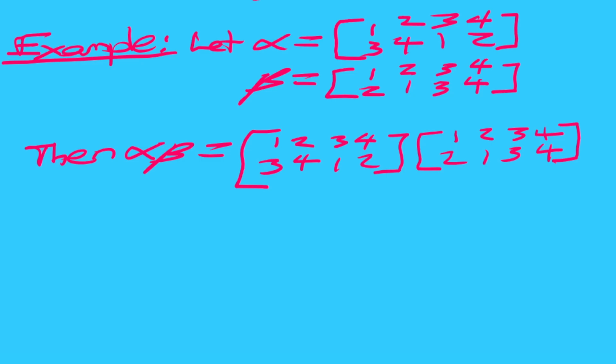So notice that we start out beta with 1, and then that goes to 2. So now we will go over to alpha and start at 2, and then that goes to 4. So for 1, we have that maps to 2, which maps to 4.